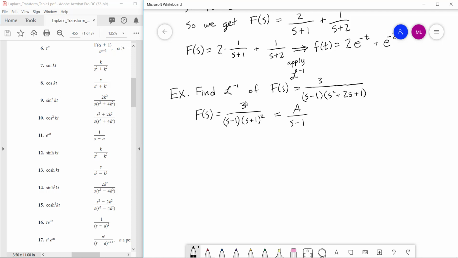So a over s minus 1. But for a repeated one, we have to guess a couple of different things. There's different ways to do it. The easiest one is to guess a constant over that number plus another one where we guess a constant over that same denominator at the highest multiplicity. One way that people sometimes bypass this is, instead, if you have a quadratic term on the bottom, you guess a linear term on the top.